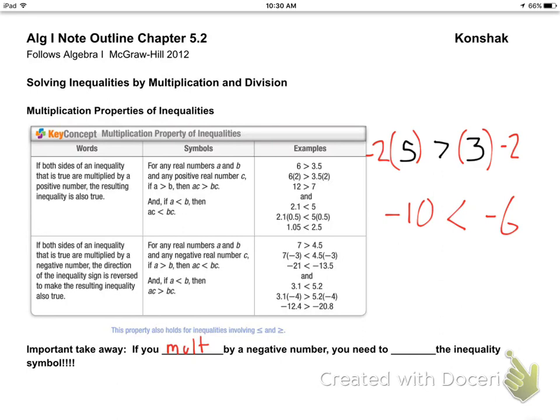Flip or reverse the inequality symbol. I'll say it one more time. If you multiply by a negative number, you need to flip the inequality symbol. So you're going to flip the inequality symbol when you multiply by a negative.